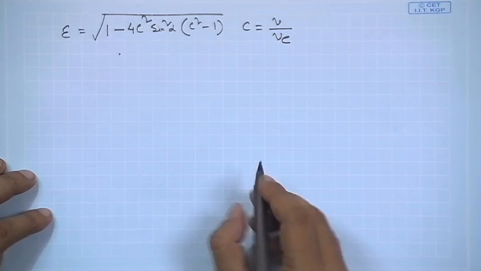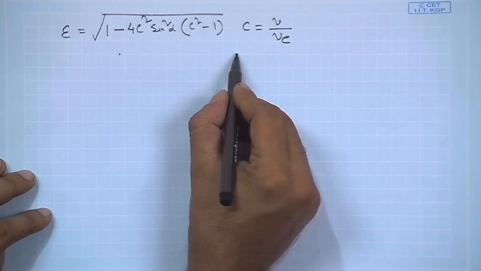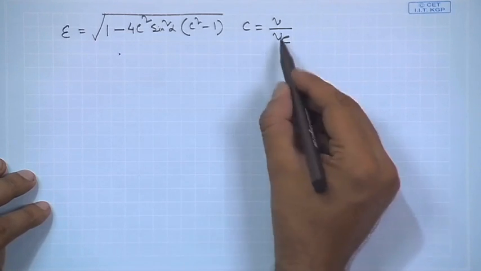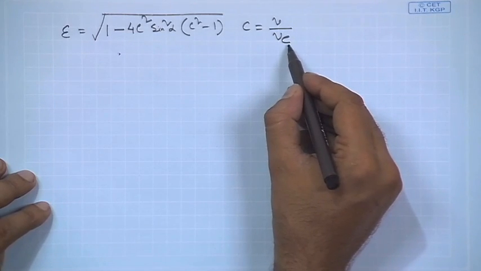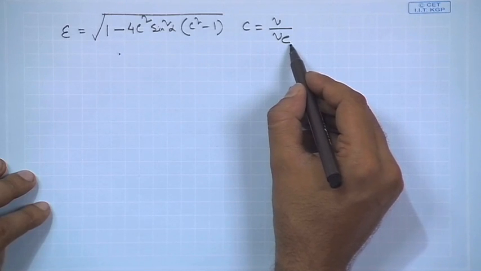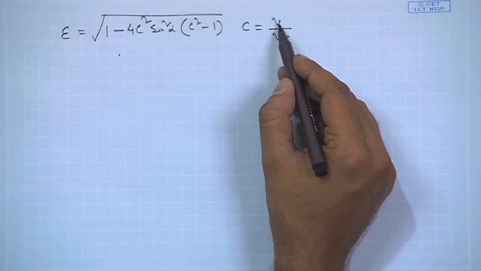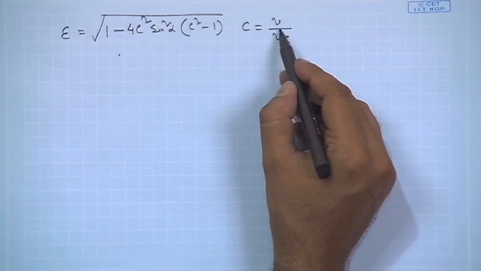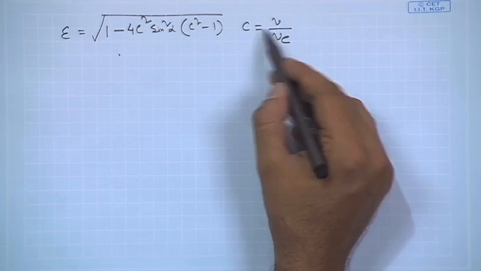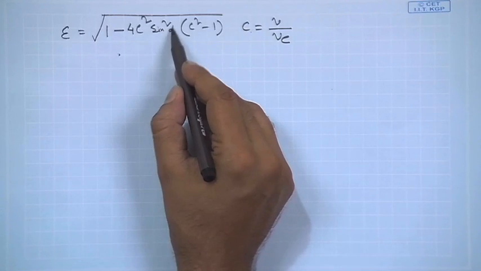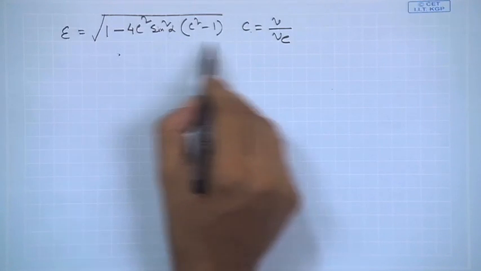So, we got everything in terms of the known parameters. V by v e is something that we typically know or can calculate easily. V is the initial velocity of the projected mass, which is also known to us. So, c is known, alpha is the angle, and that is all we need.